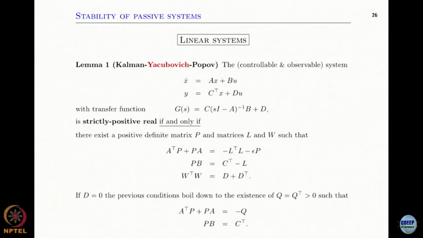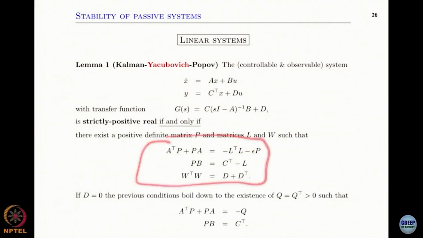In the case when there is no feedthrough, I mean, directly from the input to the output, which would be this term here, then these equations just boil down to these equations here. Okay, so we have that A^T P plus P A equals minus Q, and this structural condition here.